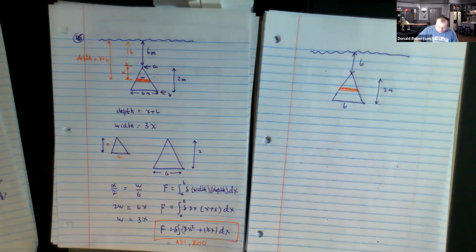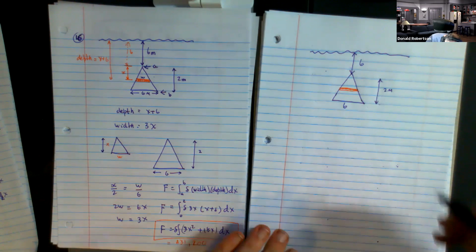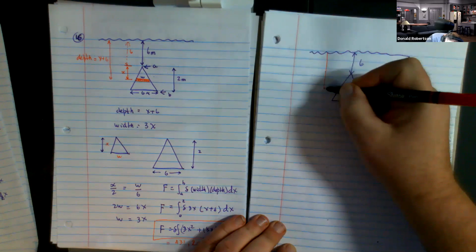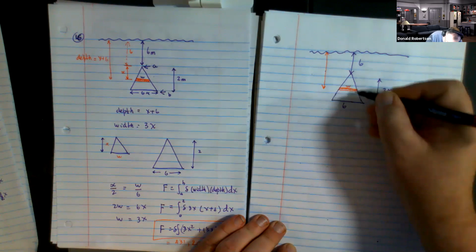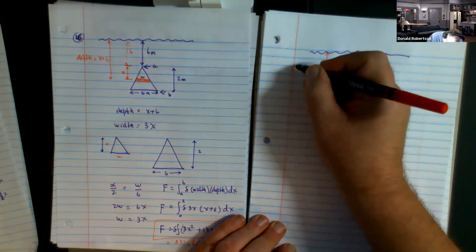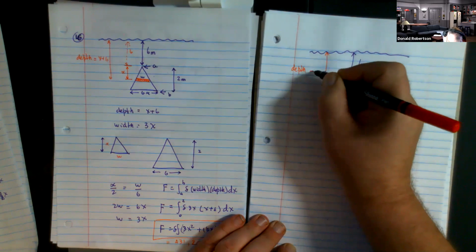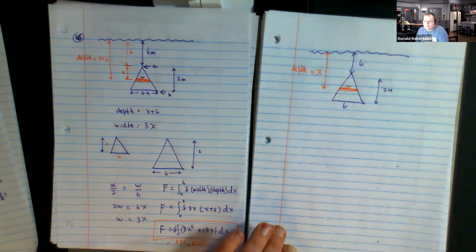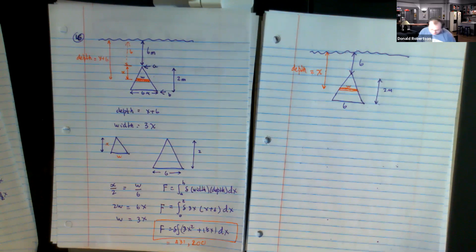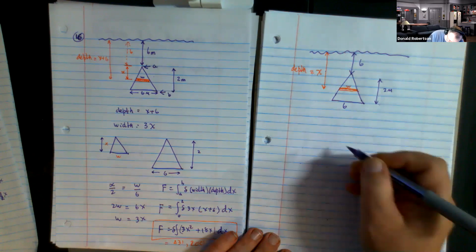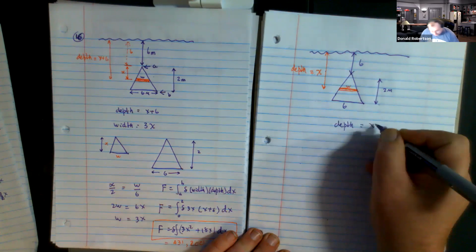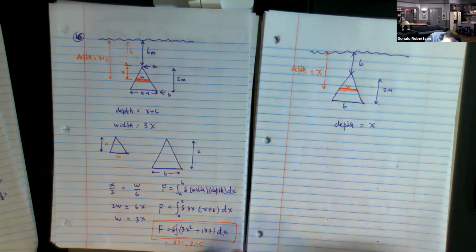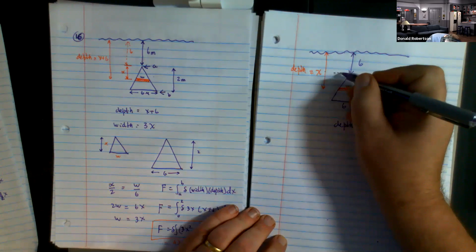And it looks like this. We know that distance there, right, from the surface to the strip, we know that distance is called the depth. But they call the depth x. Now that's going to cause some problems.